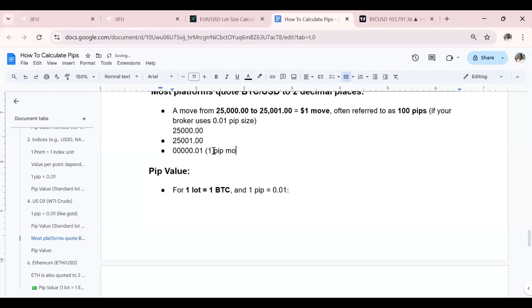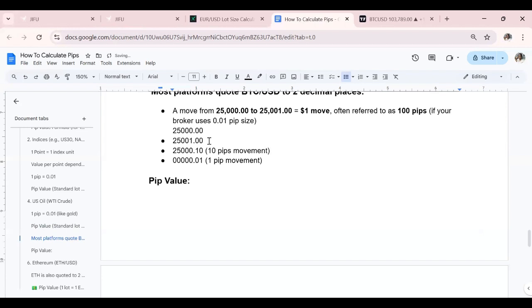This 1 pip movement, right? Let me even put another one here. 25,000.10. This is 10 pips movement.